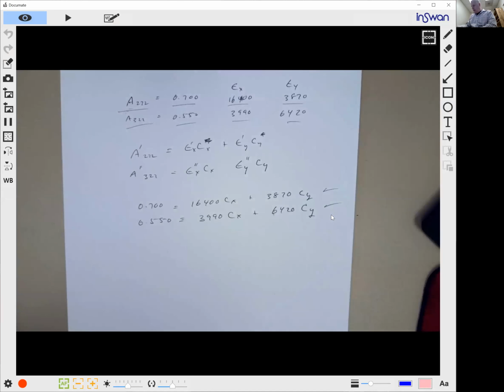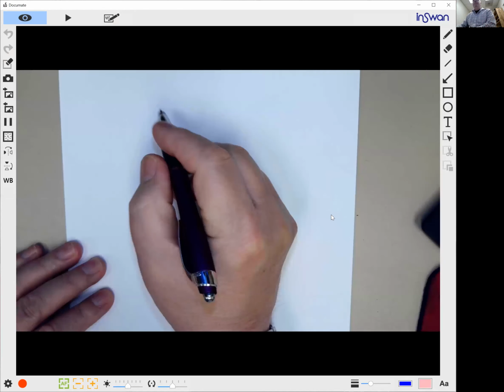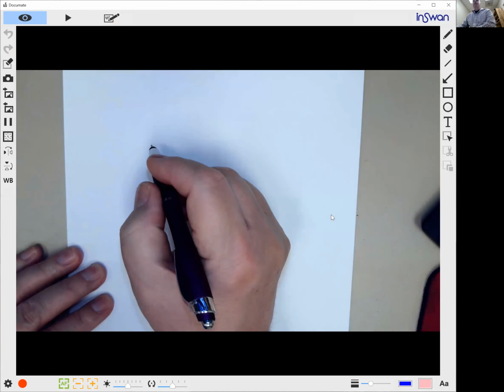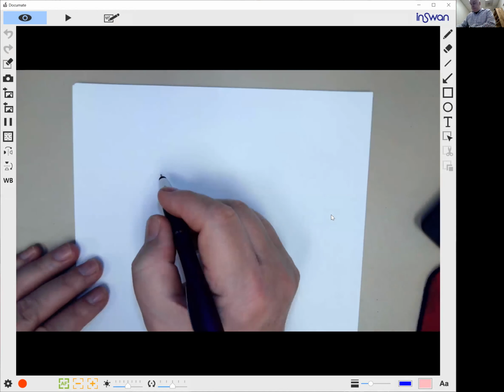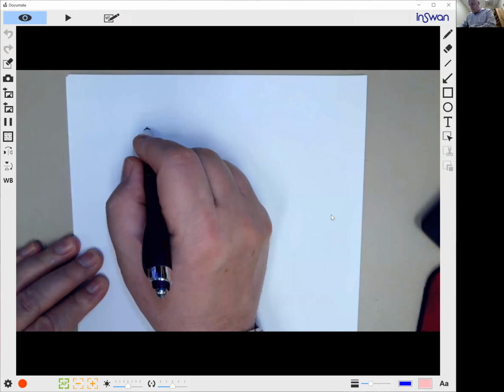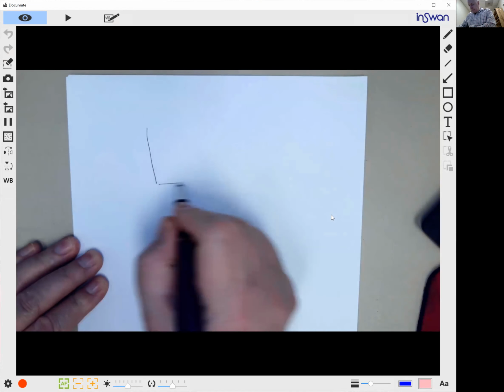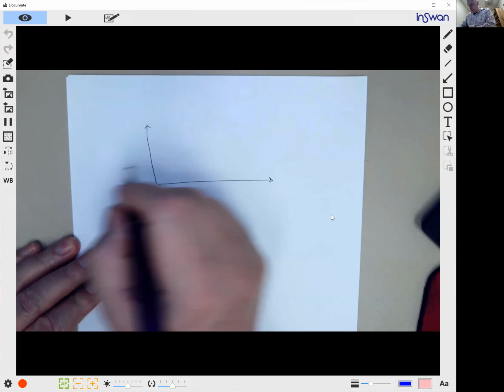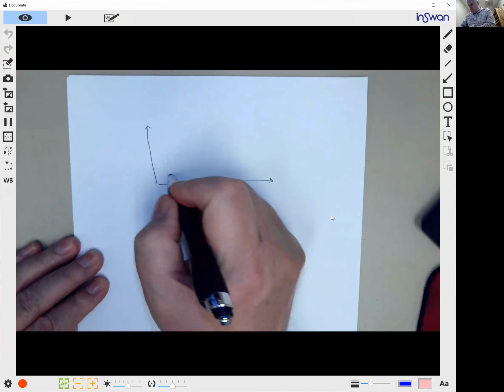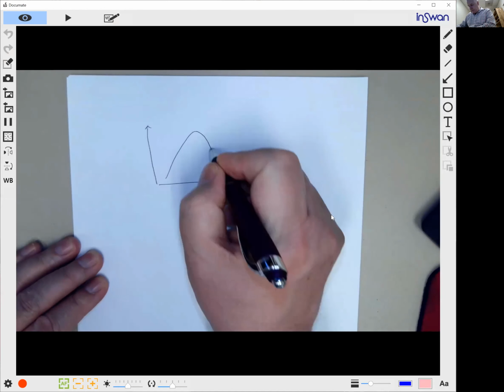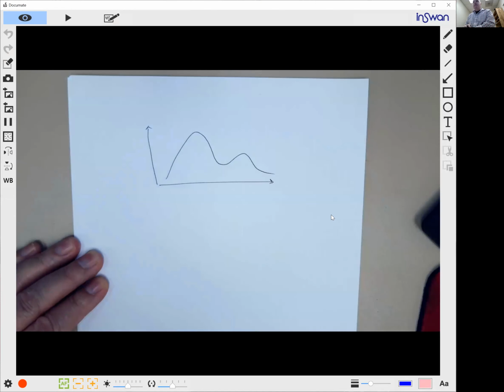So let's say that we have a spectrum which looks like this.